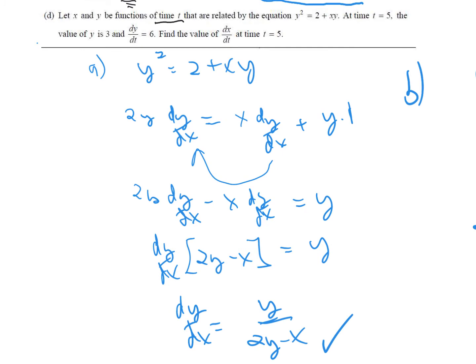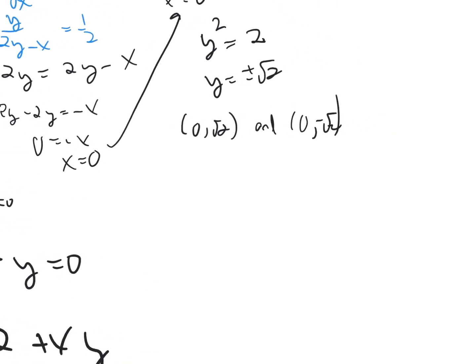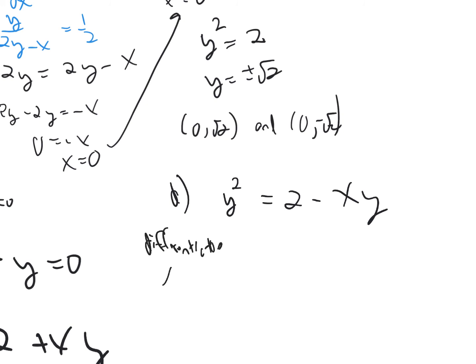So let's take my original function, D. Let me write out my equation again. It was y squared equals 2 minus xy. And I have to differentiate with respect to time because it's a related rate.